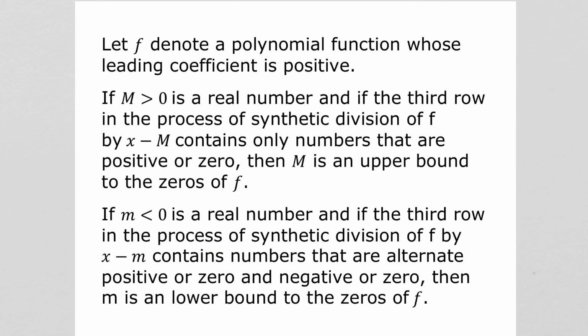So our theorem says that capital M greater than 0 is a real number, and if the third row in the process of synthetic division contains only numbers that are positive or 0, then M is an upper bound. So we're looking at a positive number where the third row is only positive.